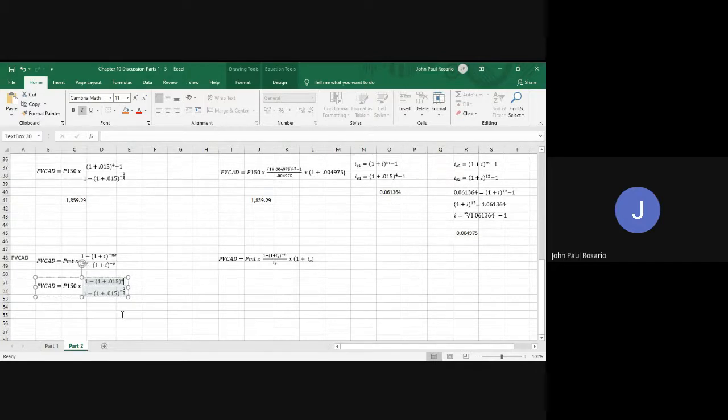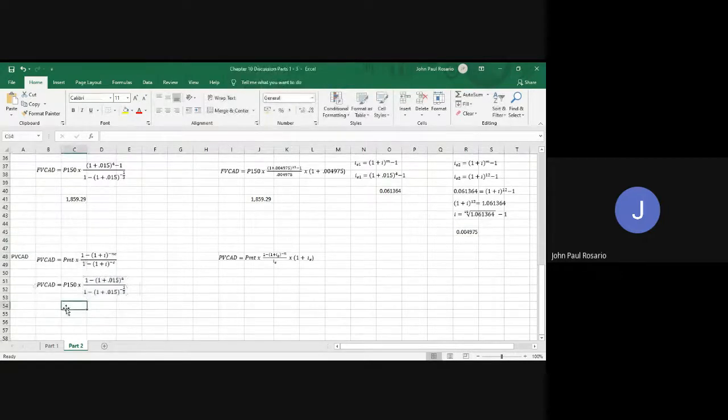So if we solve this on our calculators, we should get 1751.79.